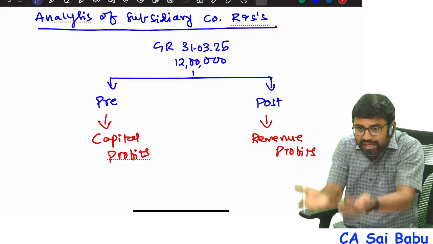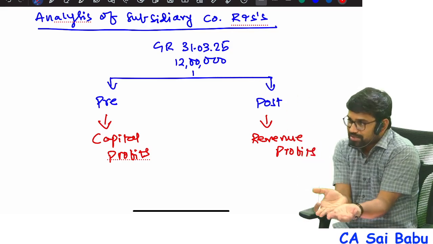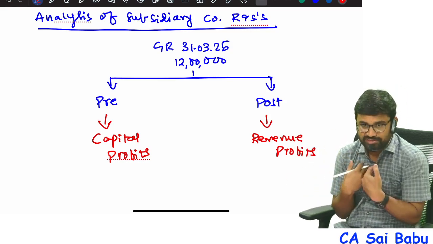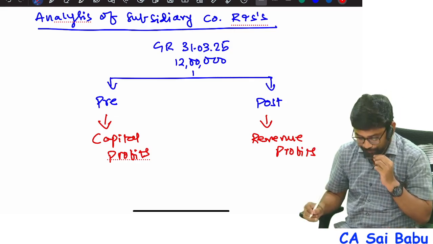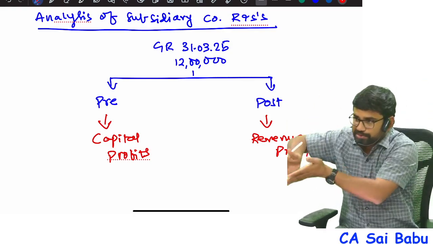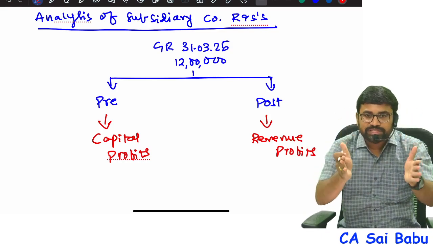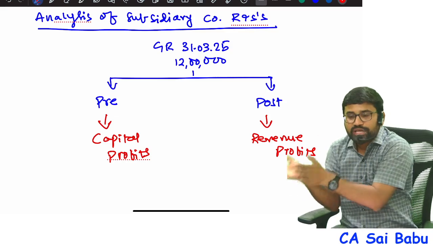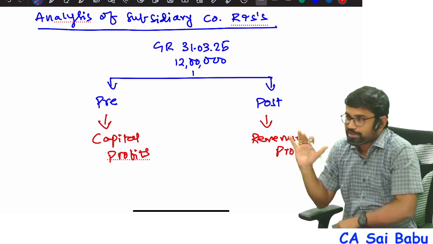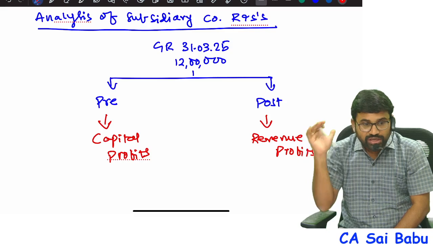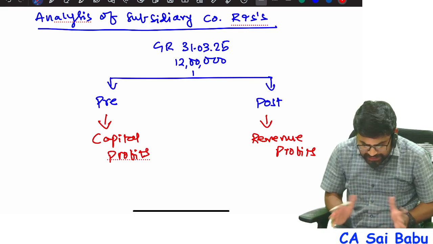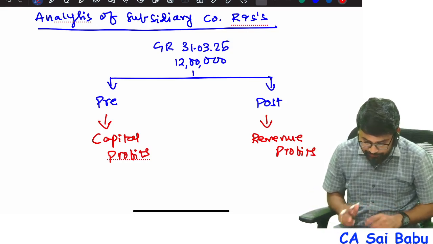And once I acquire the subsidiary, whatever reserves are earned or increased, those are post-acquisition profits. Because AS 21 says you need to divide the reserves into two categories, pre, post. All pre-acquisition profits are capital in nature. All post-acquisition profits are revenue in nature. Accordingly, we will do the accounting treatment. So like this, we need to analyze the subsidiary company profits into pre, post.